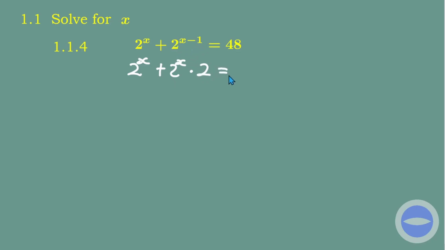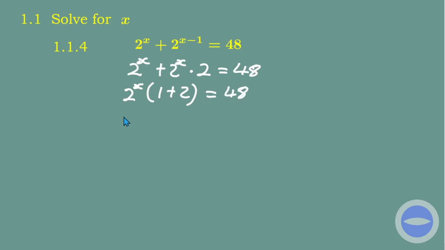So equals 48. And then on the left hand side, I take 2 exponent x as a common factor. So I will have 2 exponent x, and then in brackets 1 plus 2, equals 48.